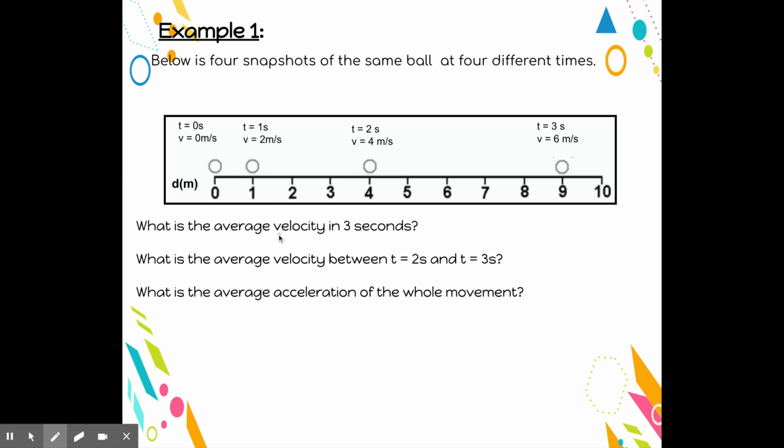The question is, what is the average velocity in 3 seconds? Well, we know our formula for velocity is v equals d over t. This is from our velocity speed lesson. So in 3 seconds, here's my time in 3 seconds right there.